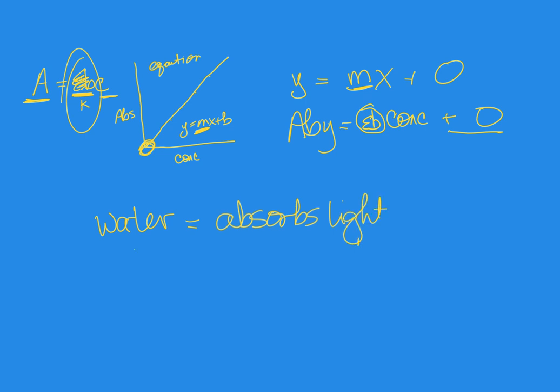And so when you put the blank cuvette into the spectrophotometer, what you're doing is subtracting out that amount. And that makes our graph start at 0.